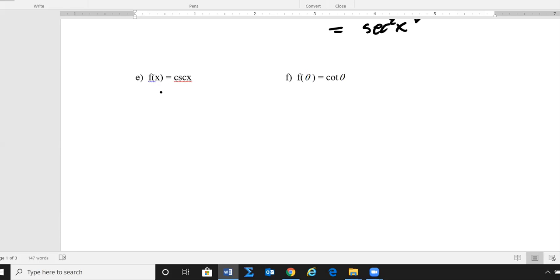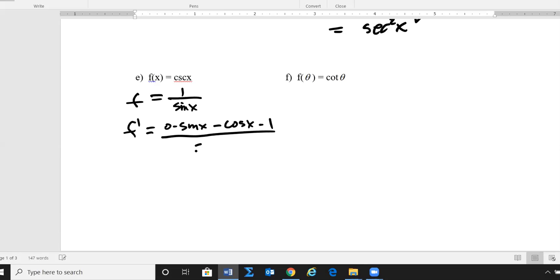So let's go ahead and treat this one as 1 over the sine of x. The derivative would be the derivative of the numerator times the denominator minus the derivative of the denominator times the numerator, all over the denominator squared. Well, that's just cosine of x over sine of x times 1 over sine of x.